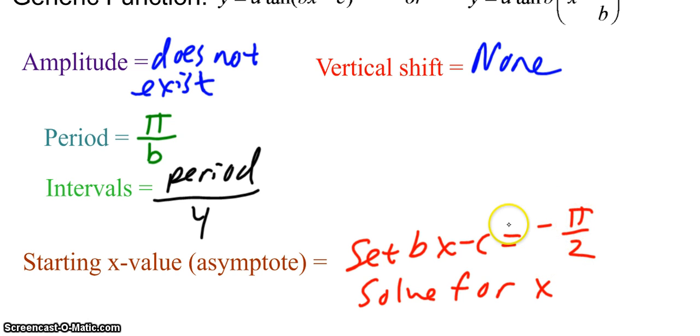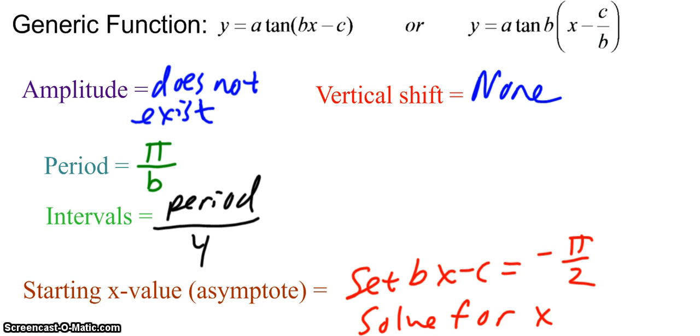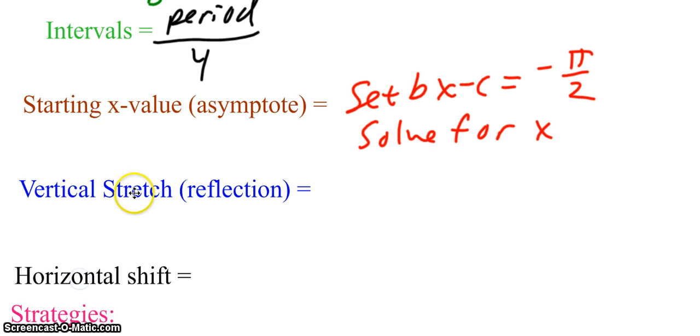Why are we setting it equal to negative pi halves? Because the standard tangent function, y equals tangent of x, has the first asymptote at negative pi halves. So again, this is the starting x value. It is not the horizontal shift. Tangent is the only unique one in that way.